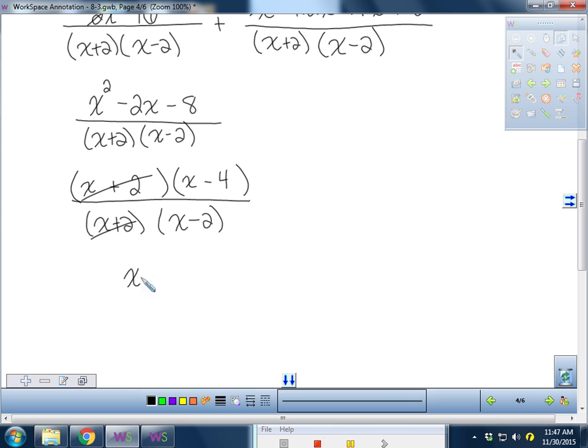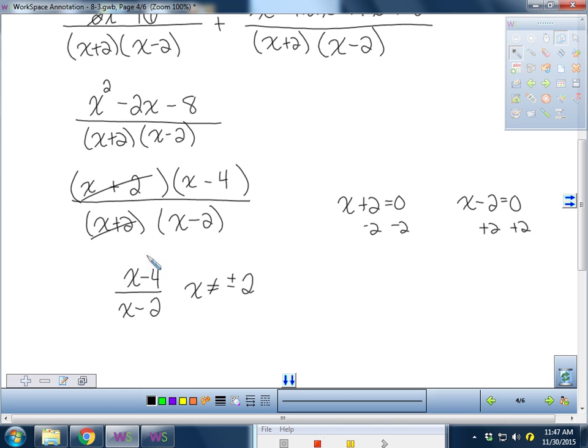So that leaves us with x minus 4 on top, x minus 2 on bottom. And we have to think about what x cannot be. Well, I had an x plus 2 and an x minus 2 on bottom. So if I were to set those equal to 0, x cannot be plus or minus 2.